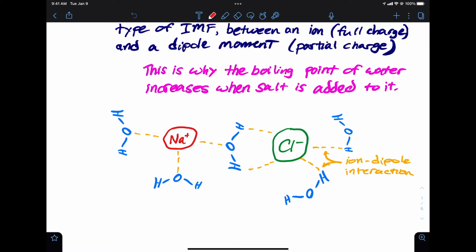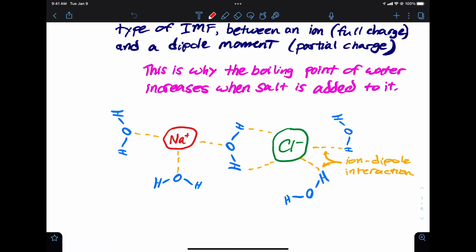The OH bonds are very polarized, so the oxygen in water has a very high negative partial charge, and the hydrogens on water have a very high positive partial charge. So you can see the way that these water molecules will arrange themselves around these ions. The oxygens will orient themselves around the positive sodium ions, and the hydrogens will orient themselves around the negative chloride ions.